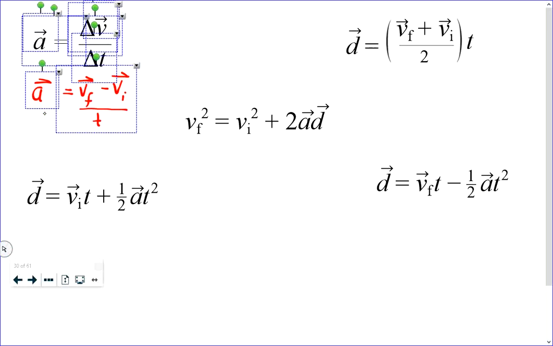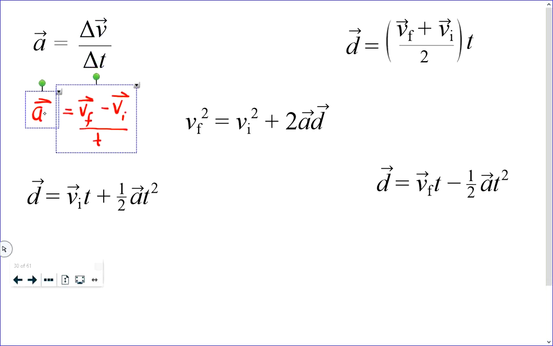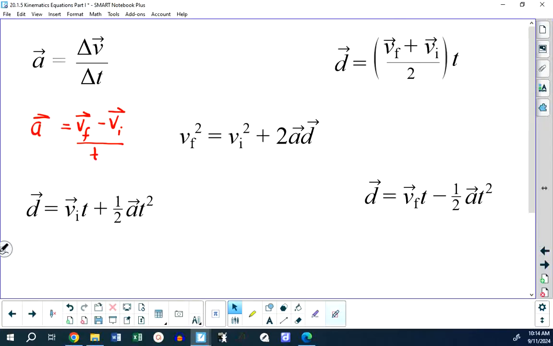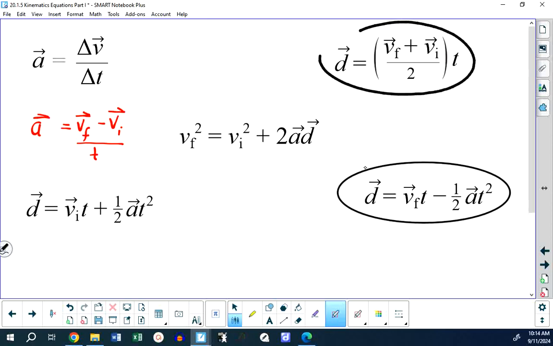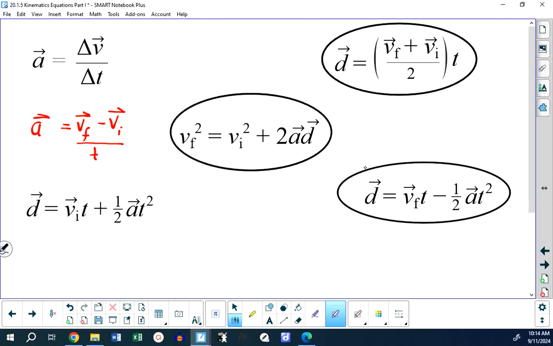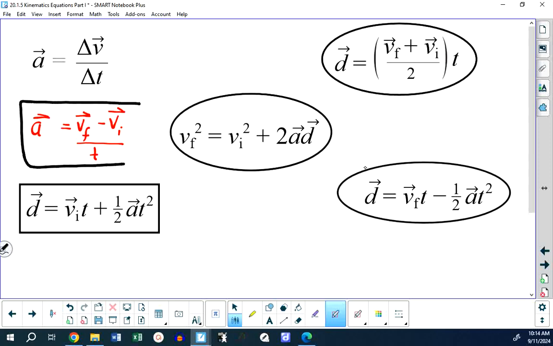And that means that we have 5 kinematics formulas, right? Let me indicate them. We have 1, 2, 3, 4, 5, right? These are what I call the 5 kinematics formulas.